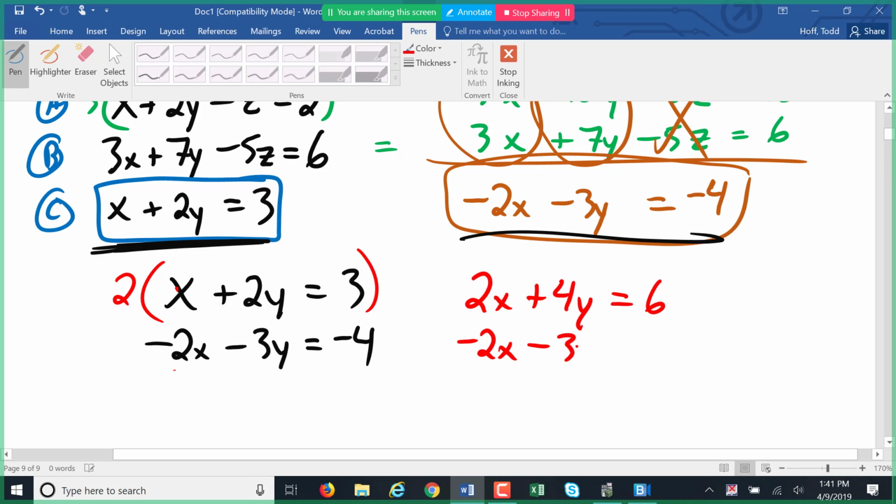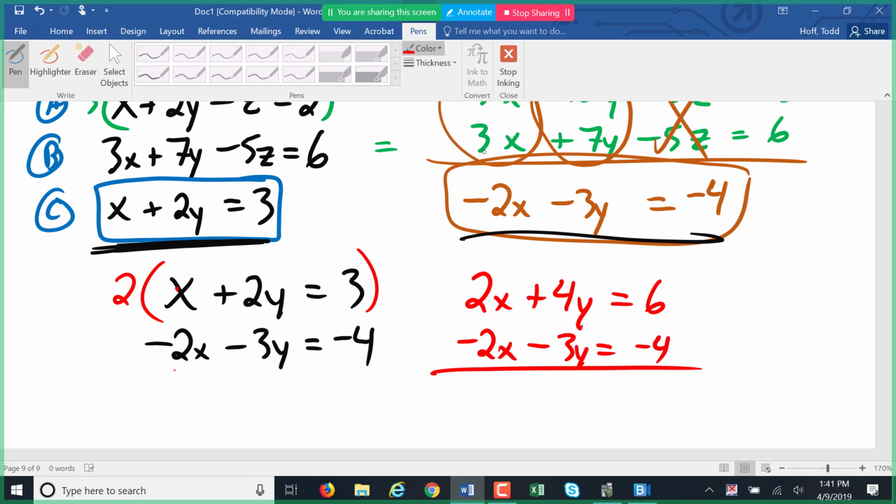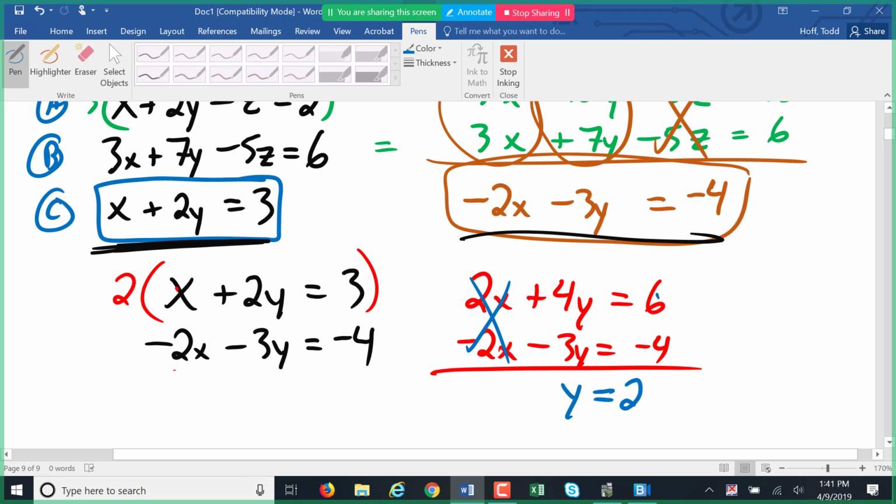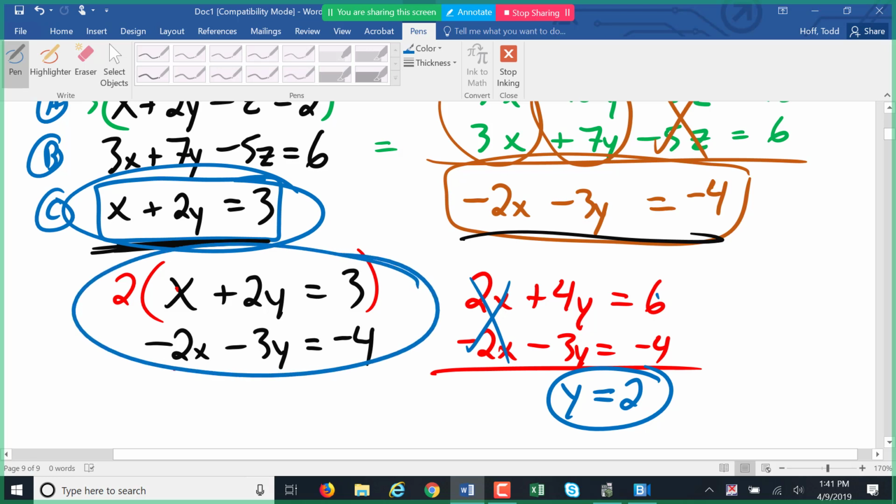Negative 2x minus 3y equals negative 4. And we'll add. The 2x and negative 2x cancel. 4y and negative 3y make 1y, or just y. 6 and negative 4 make 2. So there it is, y equals 2. And now I can go back and put 2 for y into one of these other equations, into either one of these, to get x, and then go back to one of the other two to get z.